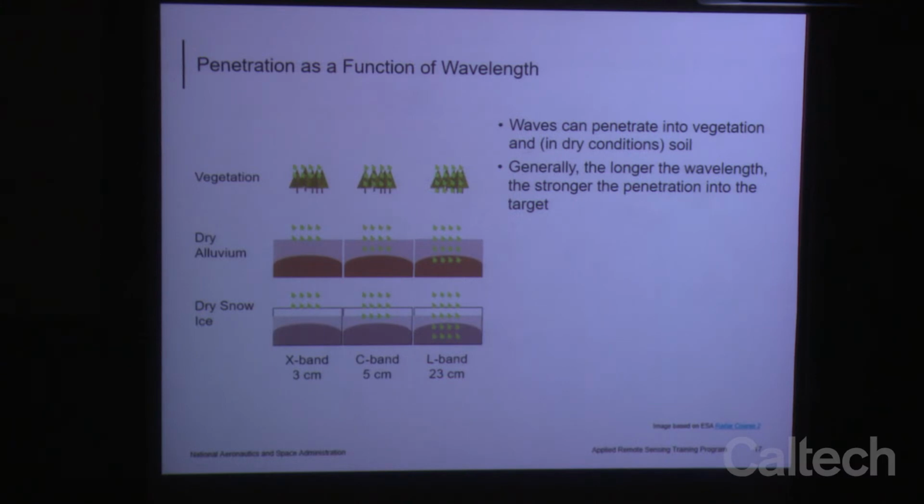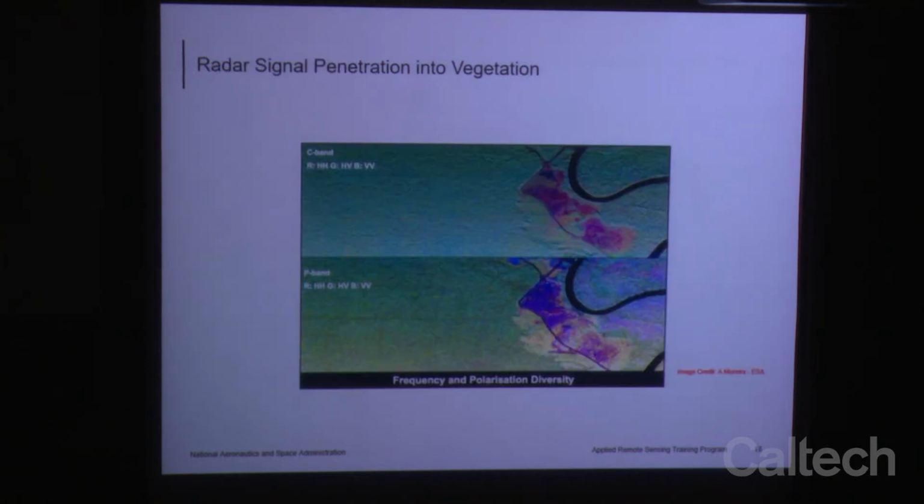Another aspect is how much penetration we get associated with different frequencies looking at vegetation. As an example of that, we can look at these airborne data at C-band and P-band over a forested area with some complex here, and you see very different features.